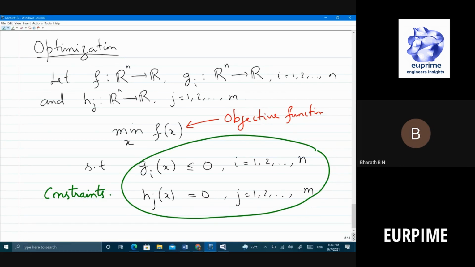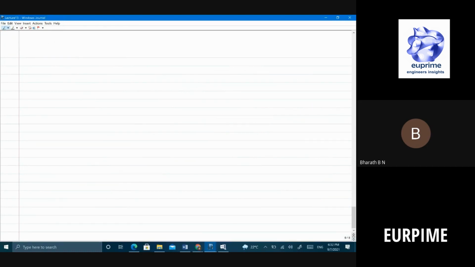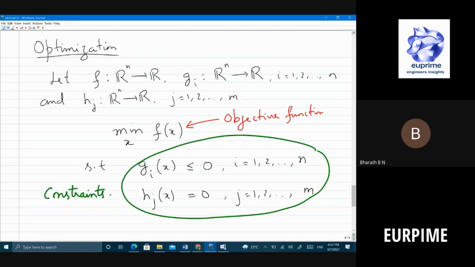Many of the optimization problems that you will end up solving will have one or at most two constraints and one objective. There are problems wherein you will have many more constraints, but mostly it will be 2, 3, whatever. Now let's look at a few things. I have to pick an x that minimizes f of x, but I cannot choose any x. I have to choose x from the set of all x such that g_i of x is less than or equal to 0 and h_j of x is equal to 0.